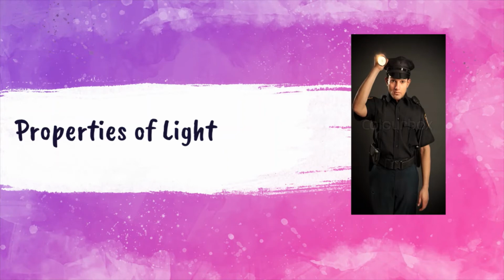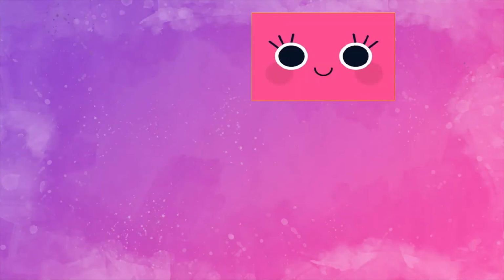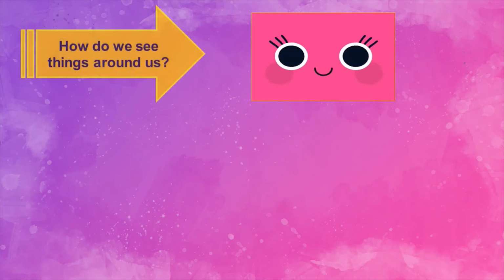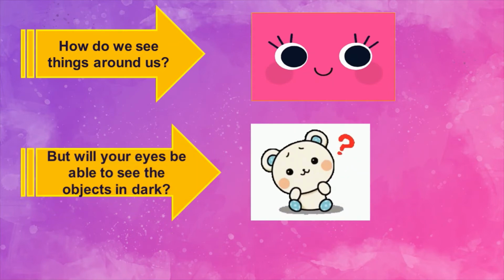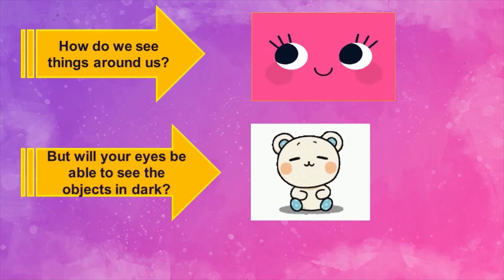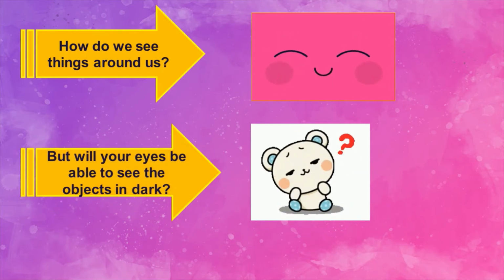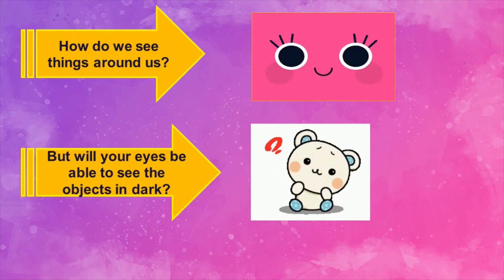Properties of light. I want you to answer this question. How do we see things around us? Will your eyes be able to see the objects in the dark? Yes or no?